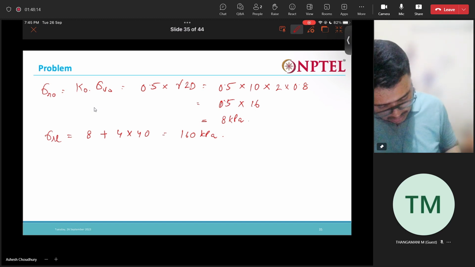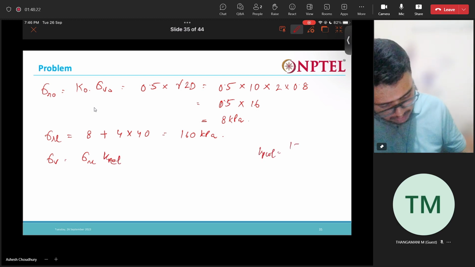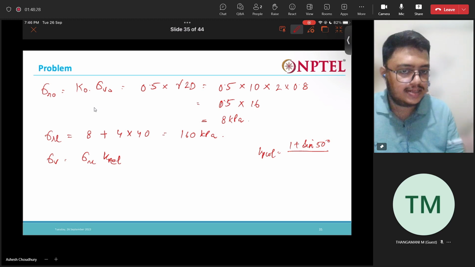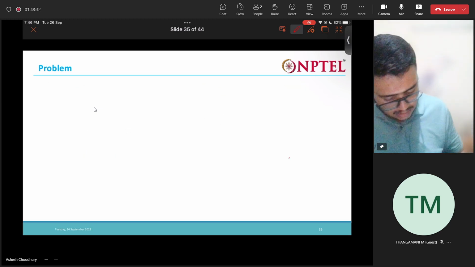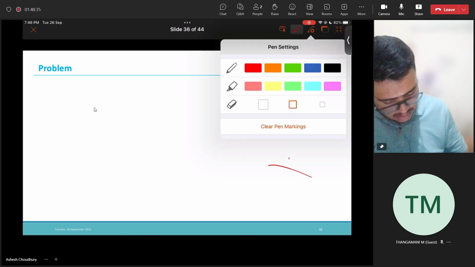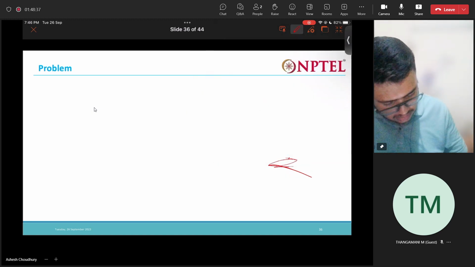Now what is sigma V? Sigma V is sigma RL into Kp column. What is Kp column? 1 plus sine 50 degrees over 1 minus sine 50 degrees, where 50 degrees is the phi of the aggregates that you have used for the stone column.